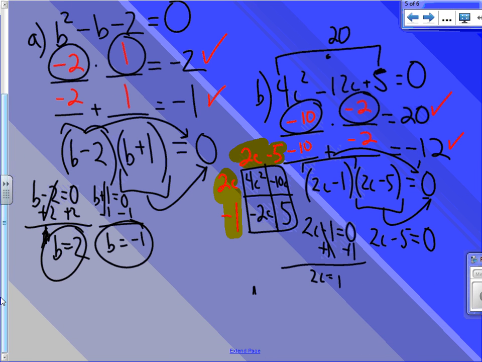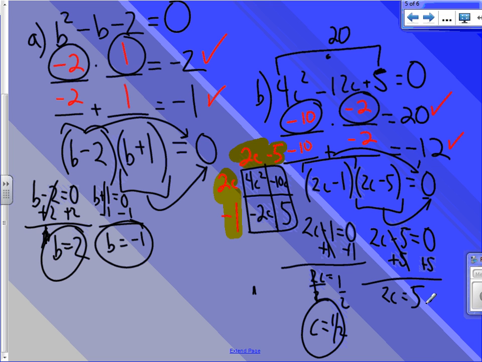That's why. Okay. Divide both sides by 2. So c is a half. That's one solution. This equation, 2c minus 5 equals 0, we add 5 to both sides. How do we get c by itself now? Divide both sides by 2. So our other solution is 5 over 2.